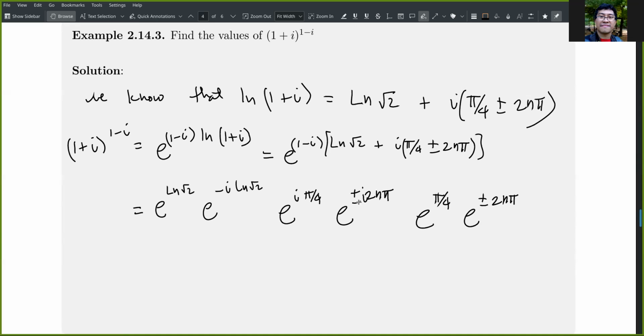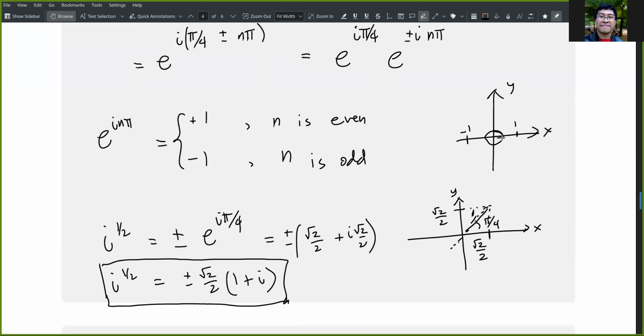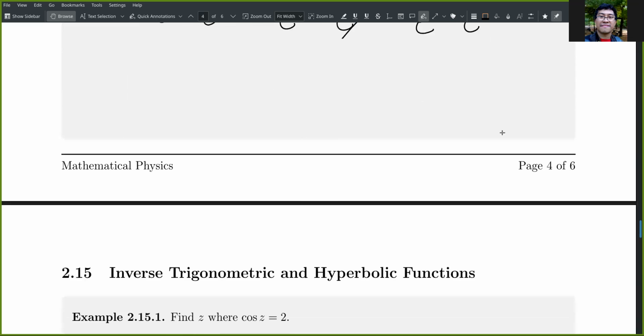Regardless if this is plus or minus, this will always be 1. Okay, again, complex plane. Here, 2n pi means you go 2 pi multiples of that. So that will always go back to this 0 degree.